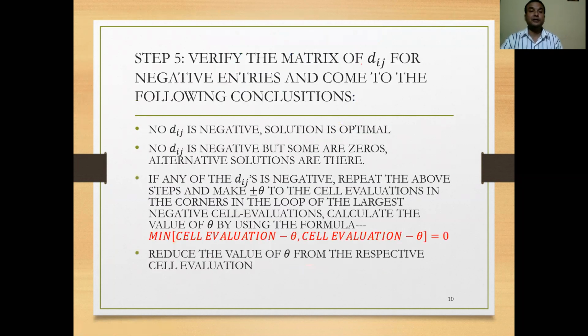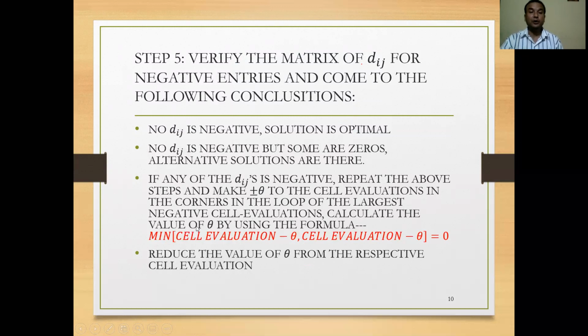If no Dij is negative, then the solution is optimal. If no Dij is negative but one is zero, then alternative solutions are there. If any one of the Dij's is negative, repeat the above steps and make plus minus theta to the cell evaluations in the corners in the loop of the largest negative cell evaluation.